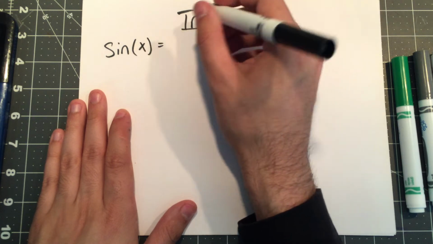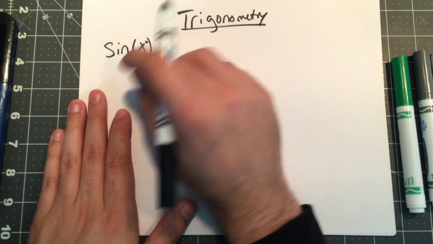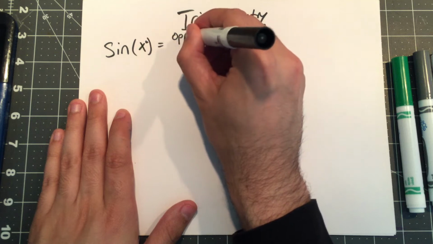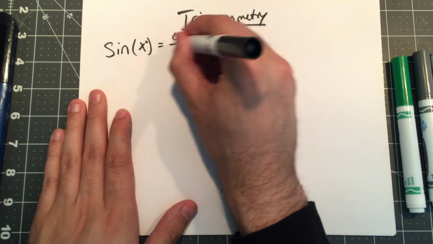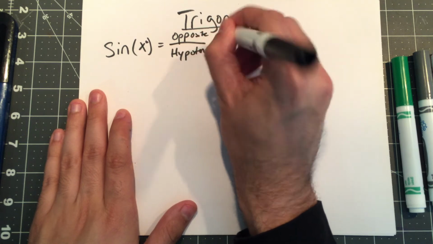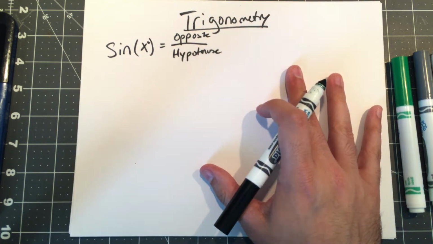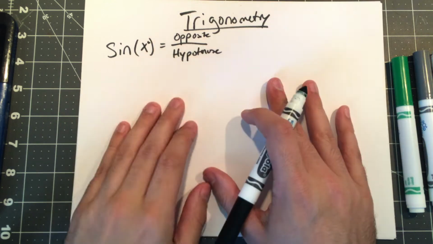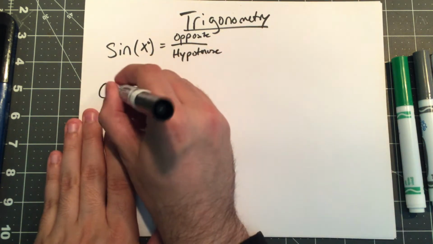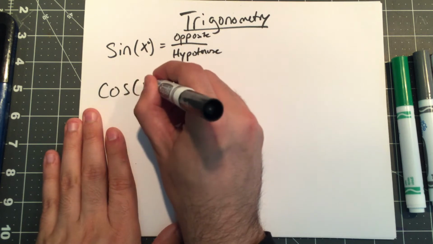Sine of x degrees, that's your angle, is your opposite side over the hypotenuse. Every right triangle we know has a certain ratio when you look at opposite sides and hypotenuses, and that's what the sine is. The cosine is similar as well.